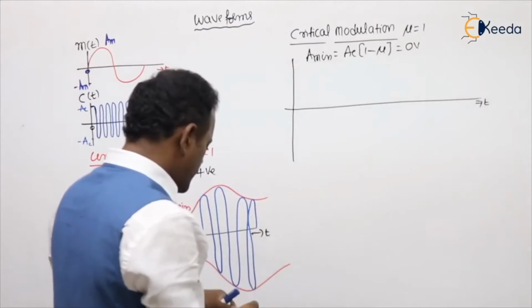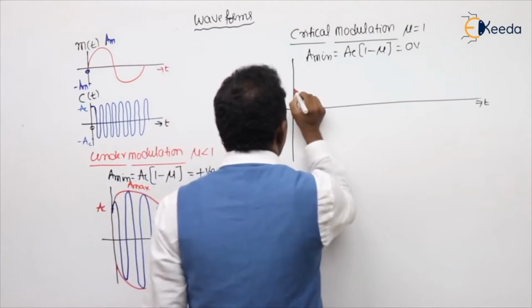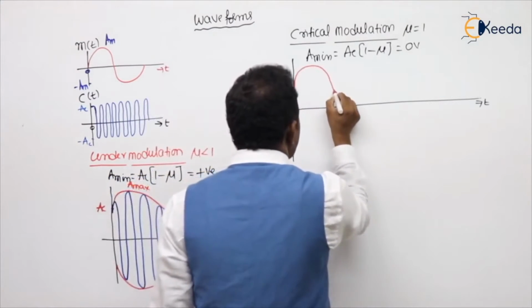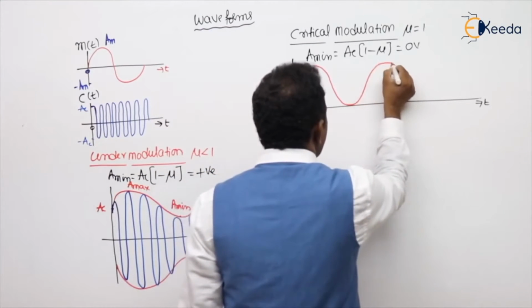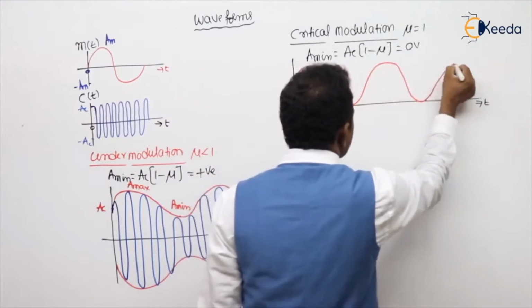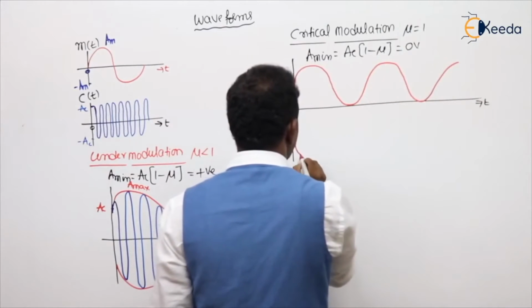What is the amplitude modulated signal waveform? In the under modulation case, we already seen. Now we are drawing the AM modulated signal waveforms in the critical modulation.